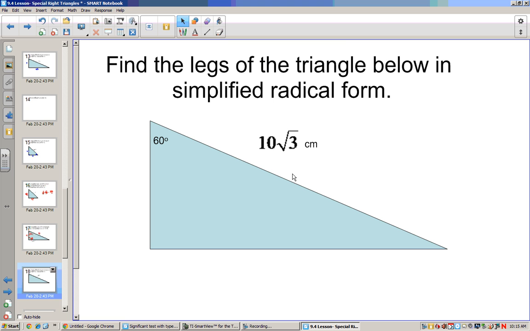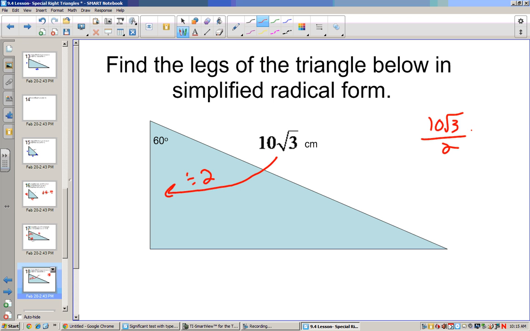Now if I have this side, my hypotenuse, to get my short side, I have to divide by 2. So 10 root 3 over 2. Remember, you can divide things outside the square roots. So this would be 5 times the square root of 3. Now I have to go from this side to this side. I have to multiply by the square root of 3.